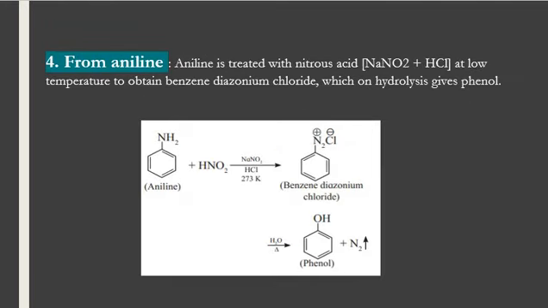The next method is preparation of phenol from aniline. Aniline means amino group attached to benzene ring.